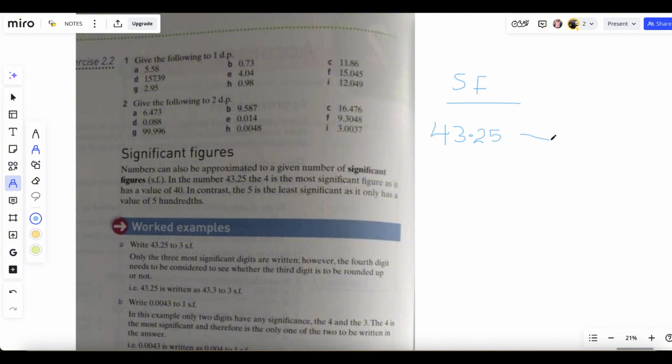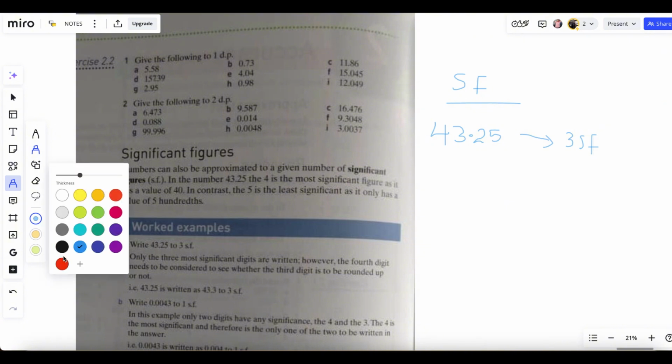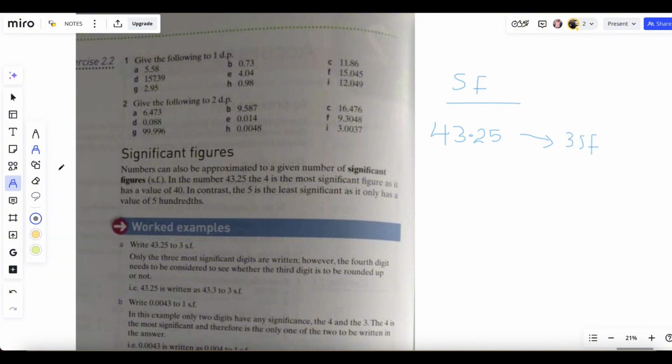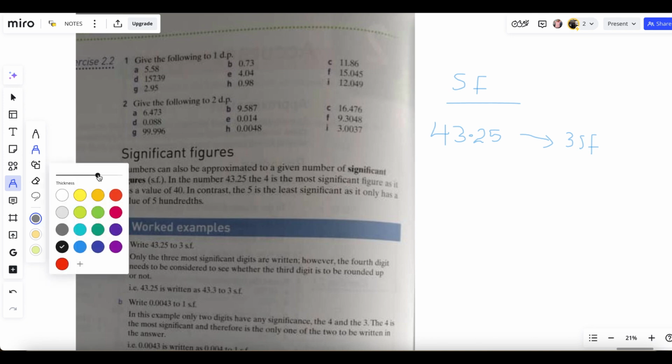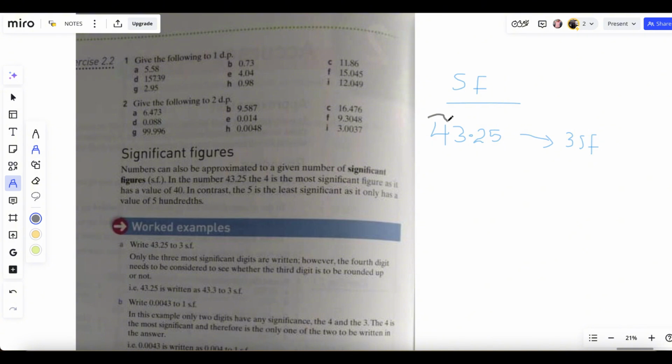Now the difference between this one and decimal places is that in decimal place you start from the decimal point. But significant figure, you start all the way from the beginning, the left side. Let's count from the left side. 1, 2, 3.